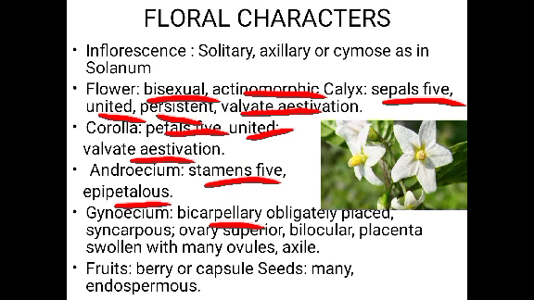Then syncarpous. Syncarpous also we have seen. Then ovary is superior. Okay, bilocular. Bilocular means 2 locules are there. Then the placenta is swollen with many ovules, and they show axile placentation.